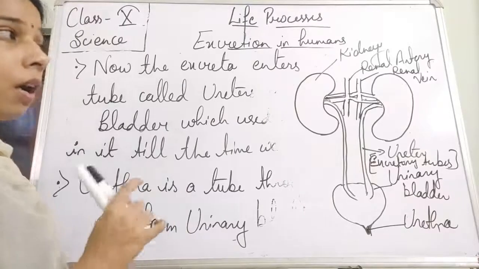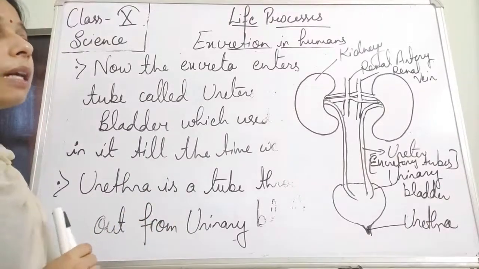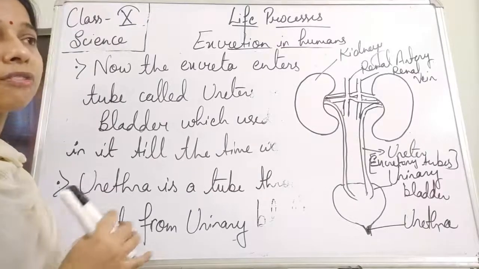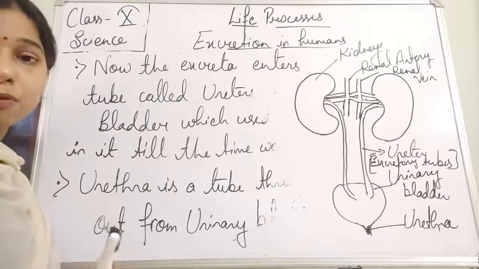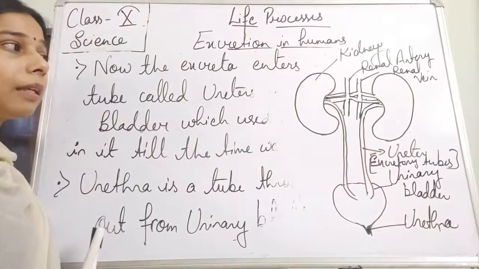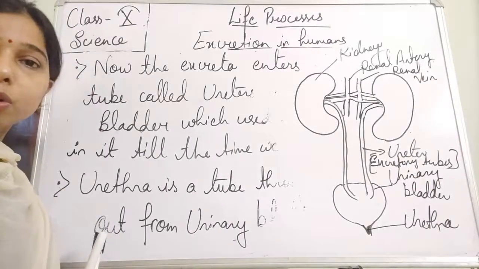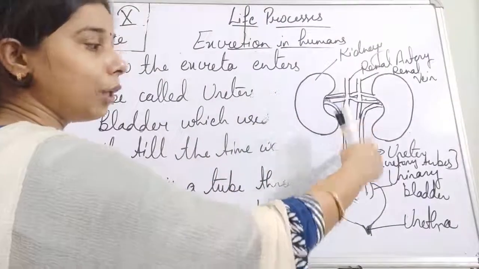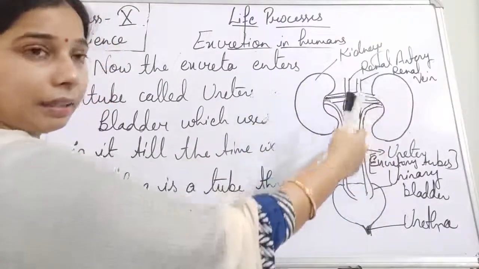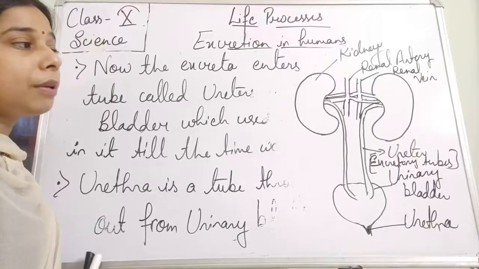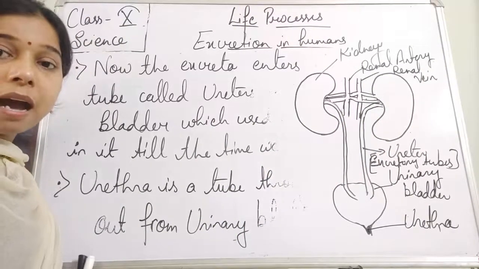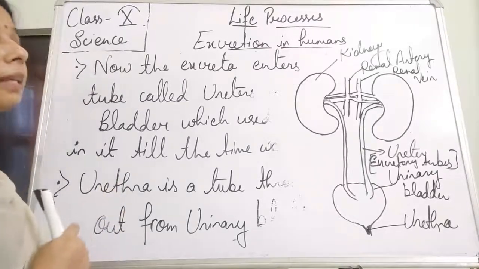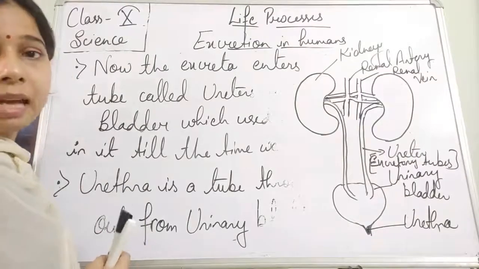Let me tell you one more thing: the waste material consisting of urea, some salt, as well as some excess amount of water, will be stored in the form of a yellowish liquid that we call urine. From there it will enter into the tube which is coming out from both the kidneys, and that is why we say that every person has two ureters. Individually they come from each kidney. The right kidney has its own ureter, the left kidney has its own ureter.